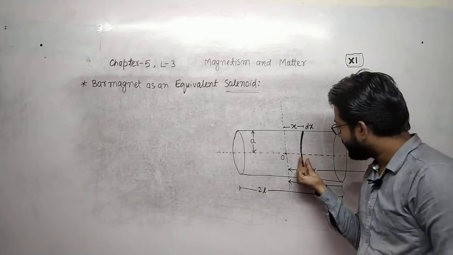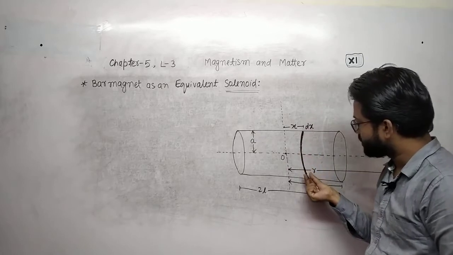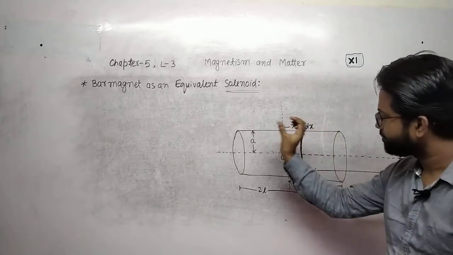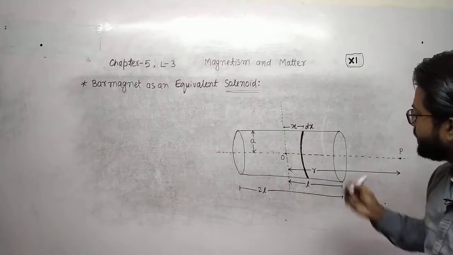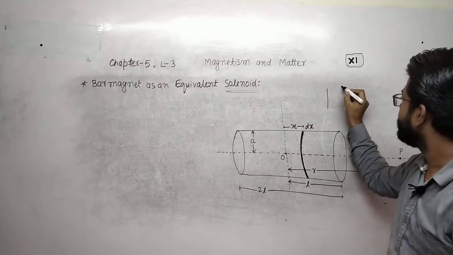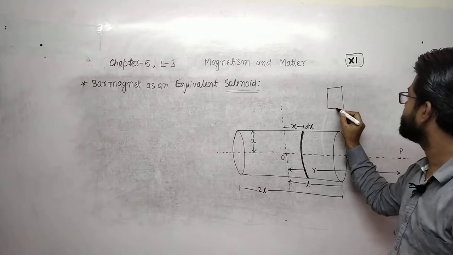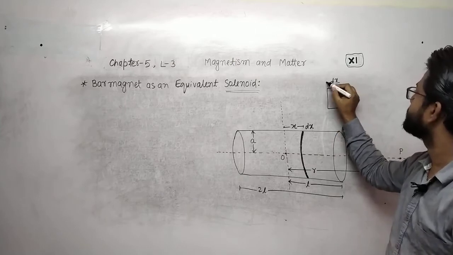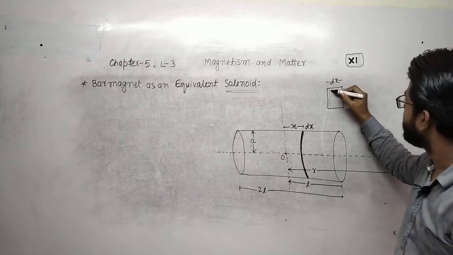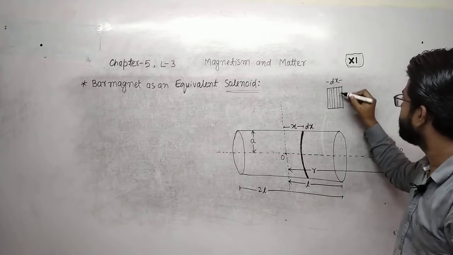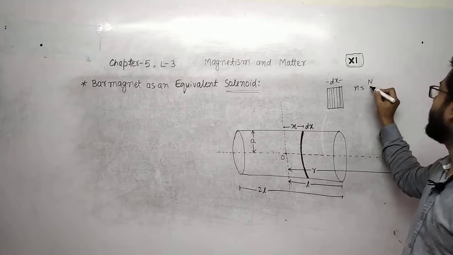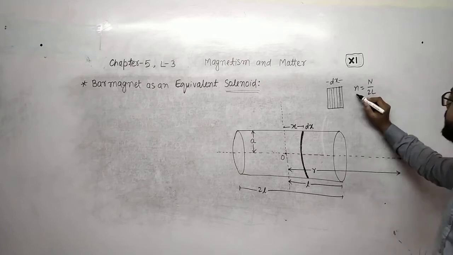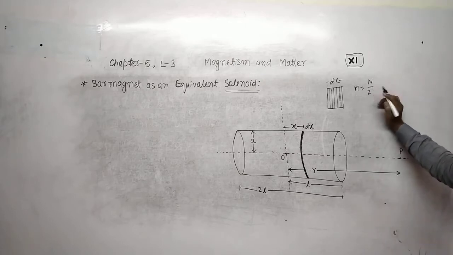Take only dx thickness on the cylinder or on the bar magnet. Let us suppose this is the dx thickness. There may be a number of wires, but we don't know. Let us suppose n is the total number of turns per unit length.